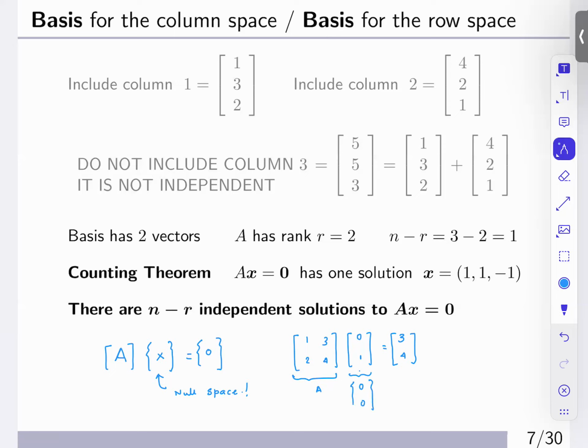If I multiply this vector 0, 0 by this matrix, what do I get? I get 0. Similarly, there is a possibility that there is a number a and a number b such that when I perform this matrix multiplication, I get 0, 0. Everyone agrees? Then this vector is considered to be in the null space of this matrix. Which means if you take that vector and multiply it by that matrix, what you get is 0. That is the meaning of the null space.